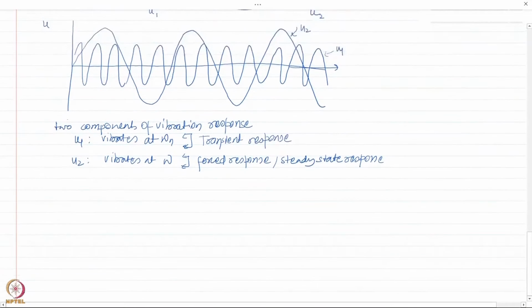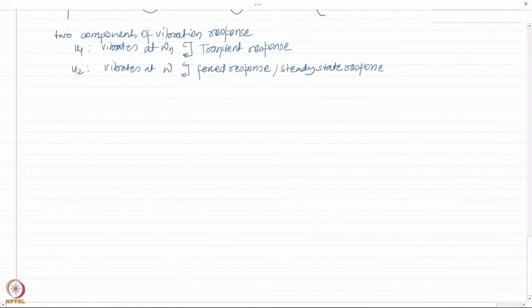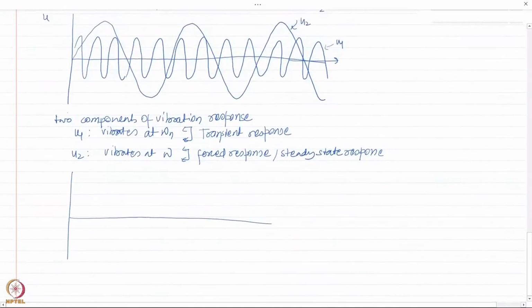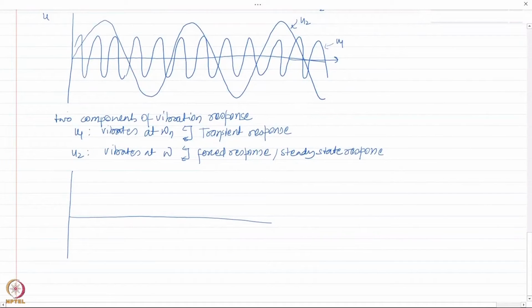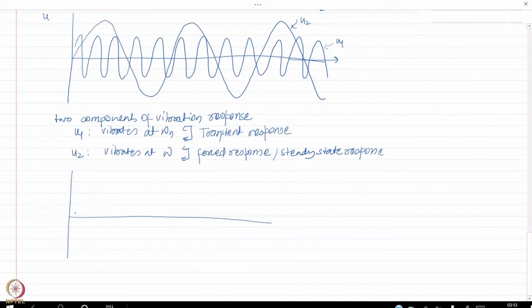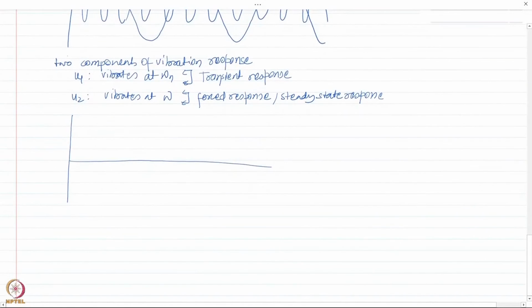So I have drawn u1 and I've drawn u2. If I try to draw the total response, which is u equal to u1 plus u2, it would look something like this.